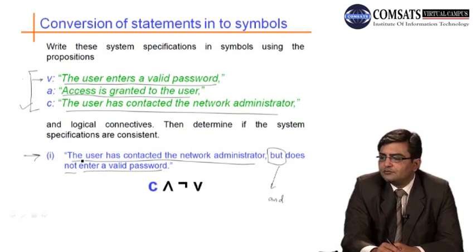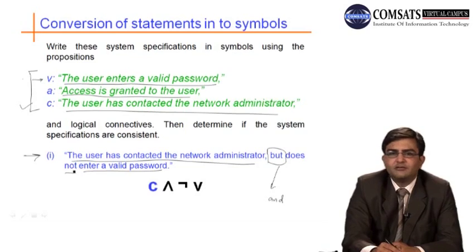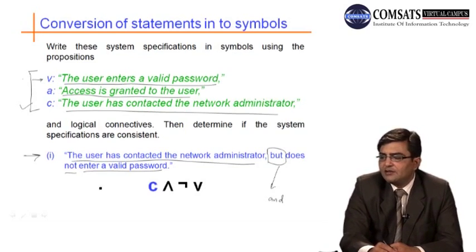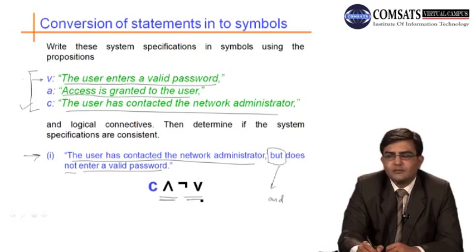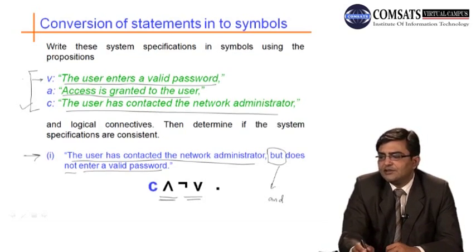So how can we write this statement into logical form or symbols? First we have C, but is used as the AND operator, and we write here the conjunction operator, and we have the negation of V, that the user doesn't enter a valid password.